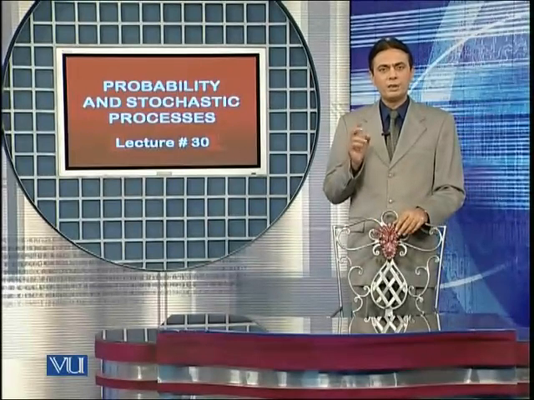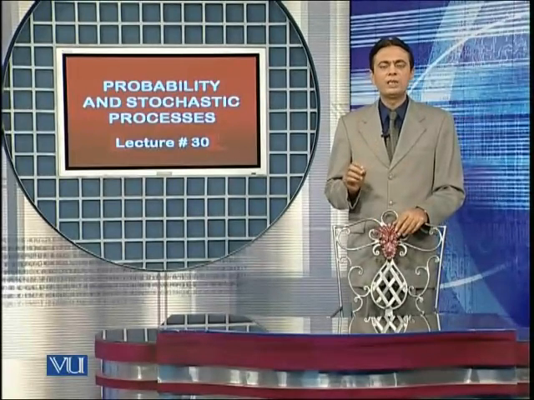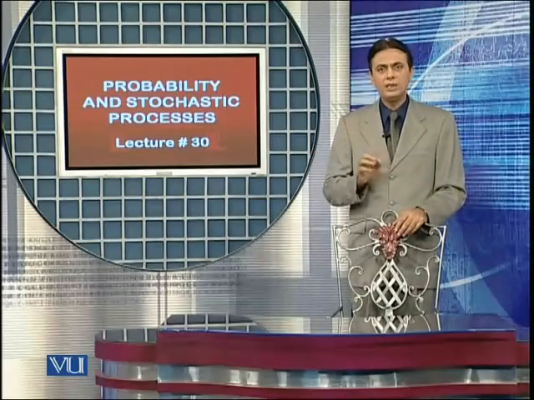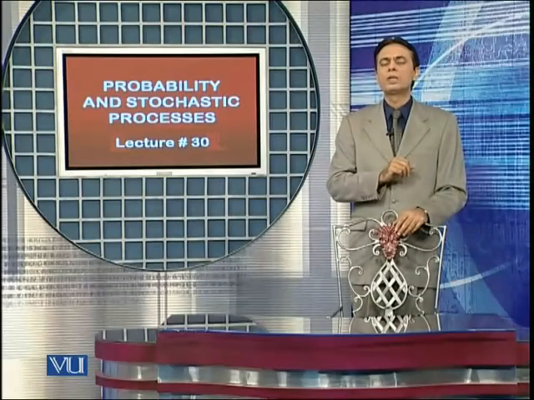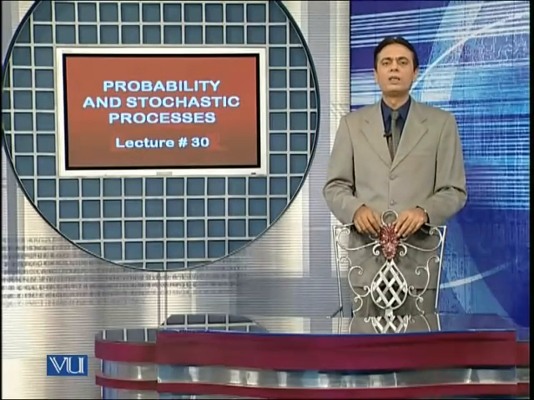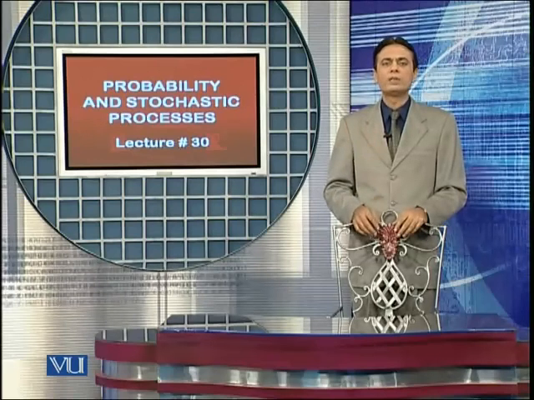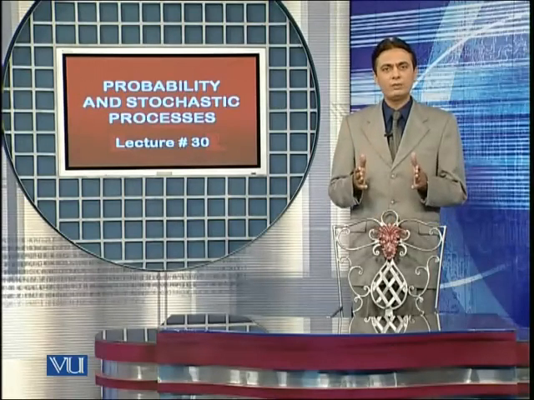Actually, the pair of random variables that we studied in previous lectures in substantial detail also belong to the class of random vectors. If you are taking just a pair, just two random variables, then length of vector is 2.